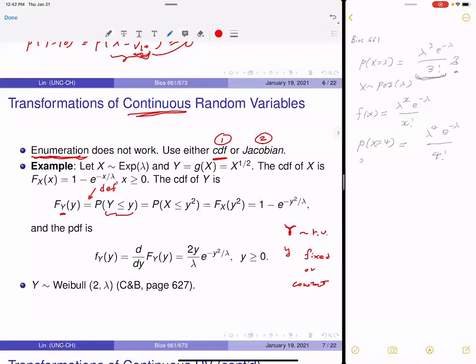Okay, good. So then, because I said, hey, if X follows exponential lambda, now let's define a new random variable Y through the transformation Y equals X squared.